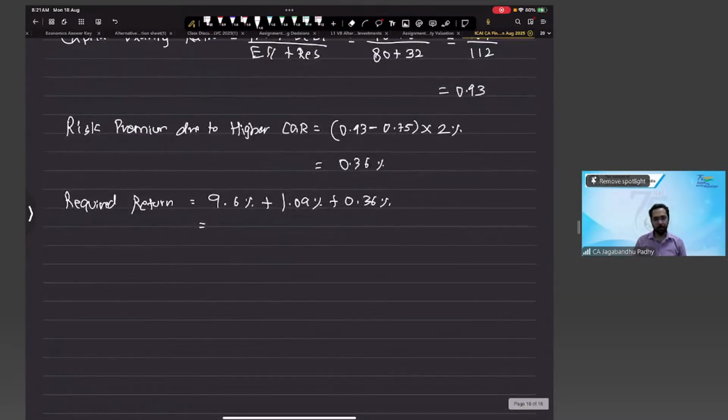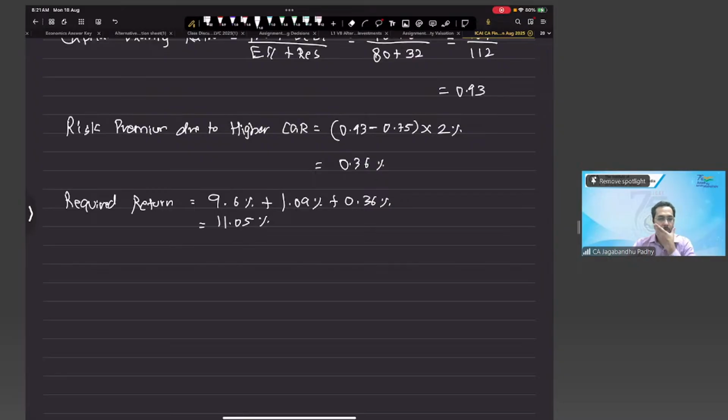So total it up. How much is this total? 11.05%. That's the required return that we want, right? Okay, so that's the required return which we have.